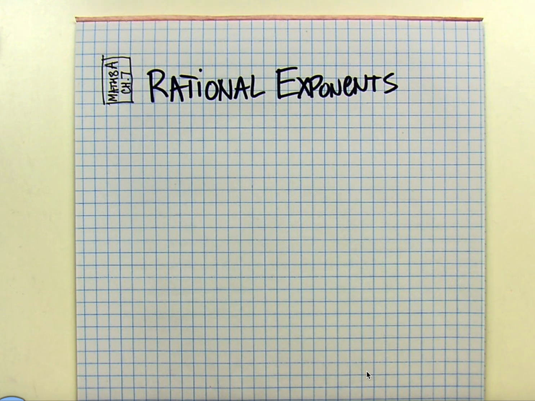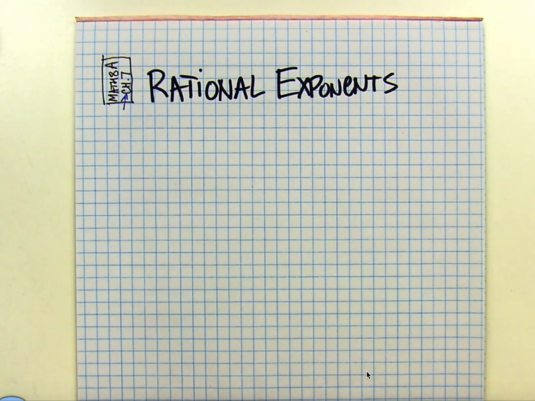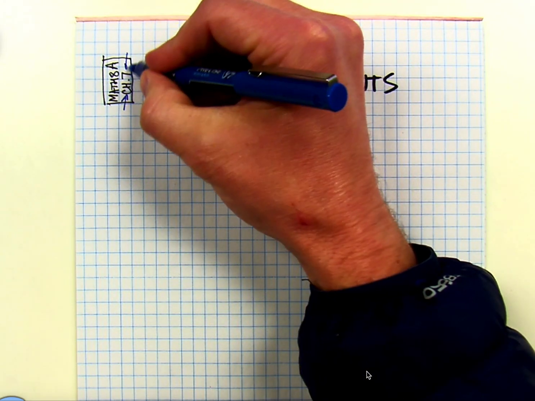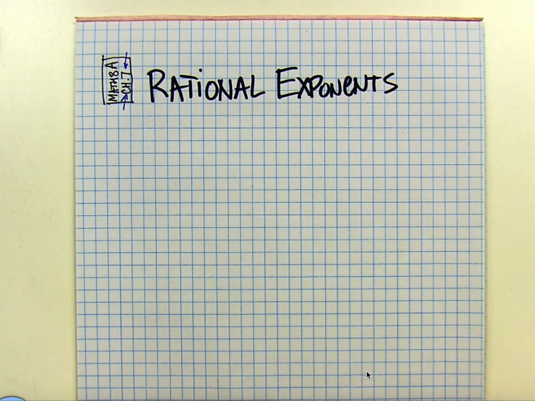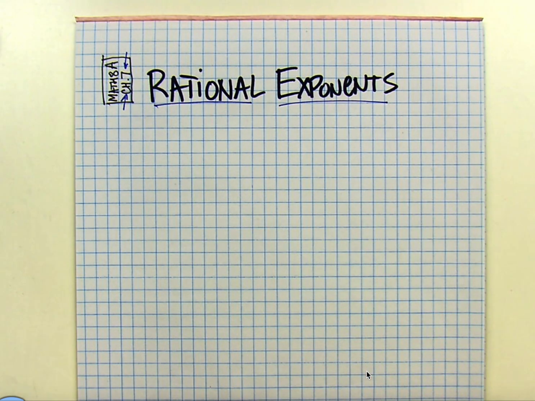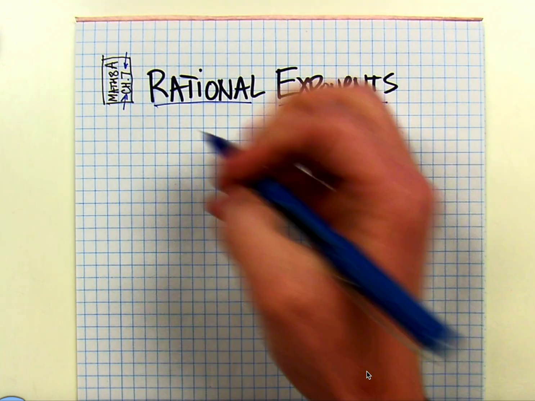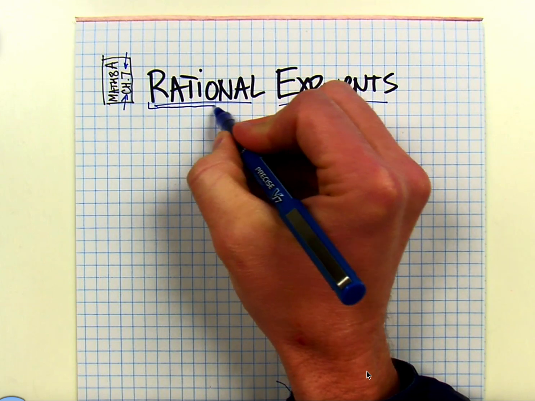So, Math8A students, we have been talking in Chapter 7 about exponents, and now we're going to be talking about a specific kind of exponent, a rational exponent. Now, I want you to remember, when we talk about the word rational in math, we're talking about things that have to do with ratios.